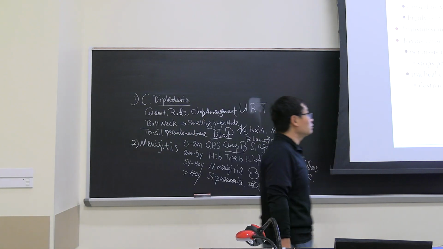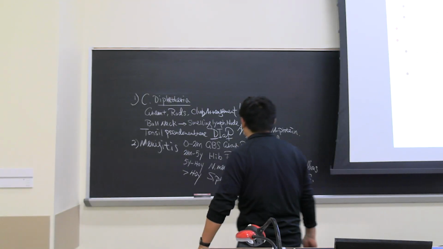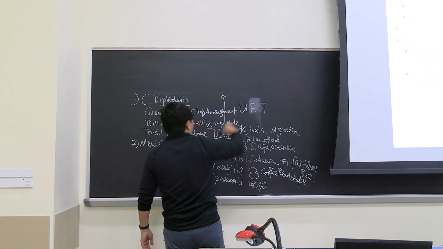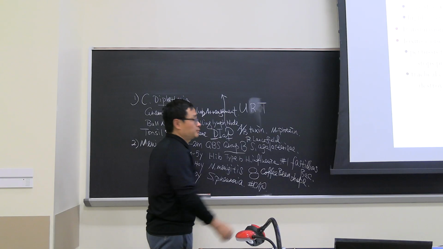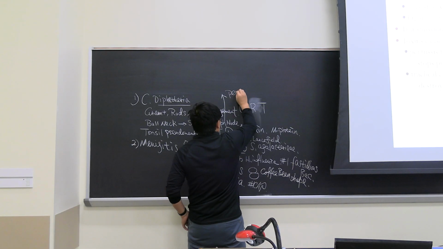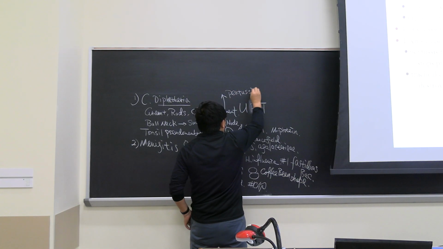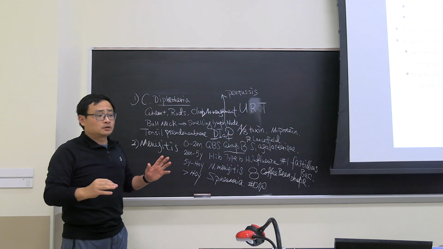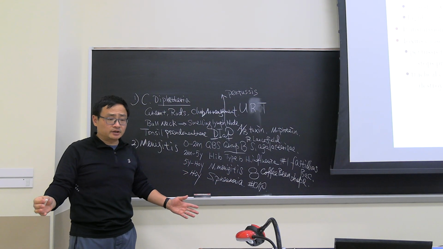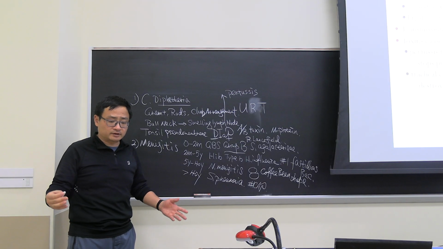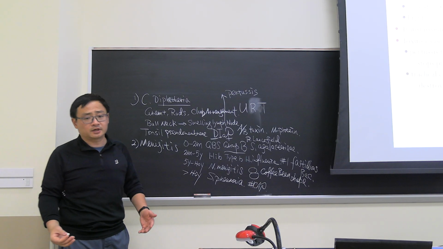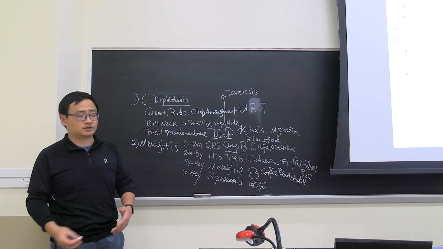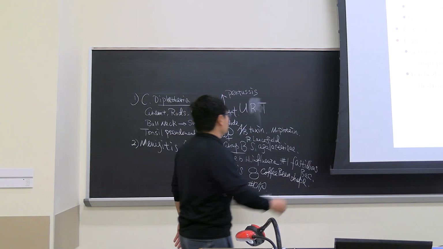Okay, the next one we talk about is Bordetella pertussis. That's P, what it means is pertussis. So pertussis, what are the characteristics of the pathogen? It's a gram-negative coccobacillus. It's also an AB toxin, but very special.